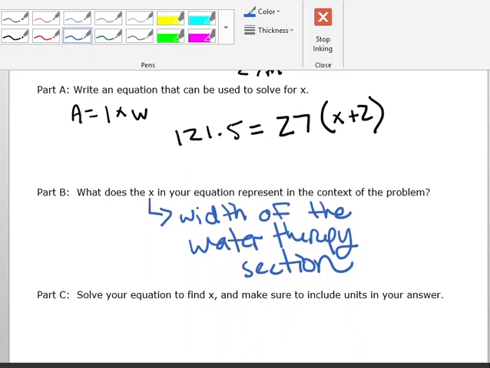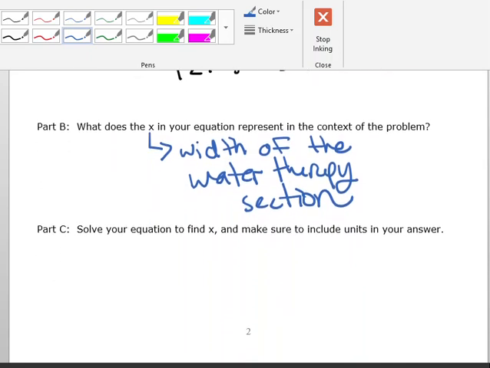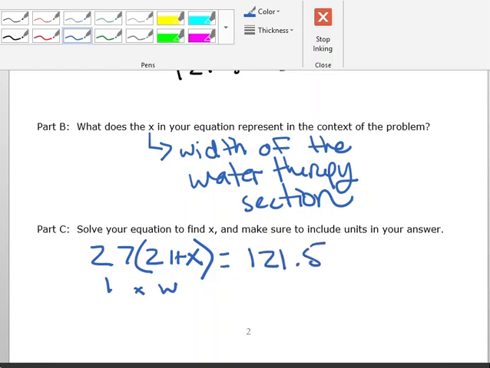Now we want to solve our equation, so let's write it down again. I'm going to write it in a different order, just switching the sides of the equal sign: 2 plus x times my width is equal to my area, which is 121.5. I'm going to erase this section right here so that we can solve.